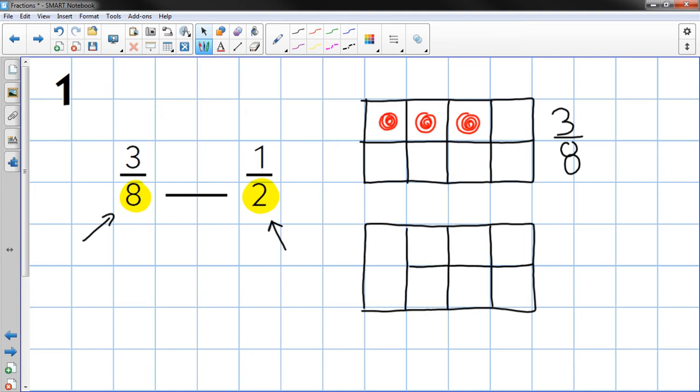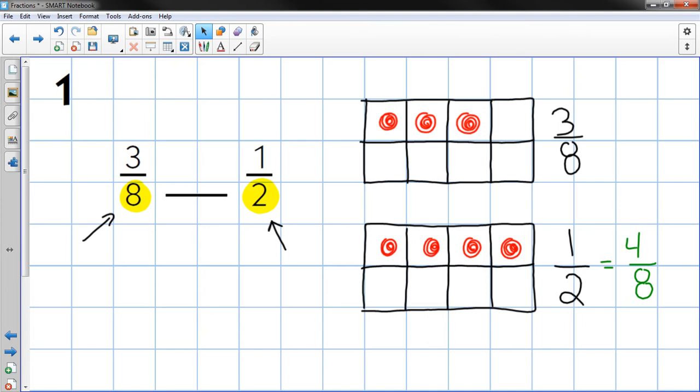So I have another rectangle here, and I want to fill in half of it. Well, half of it would look like this. Another way to say half in eighths is 4/8.